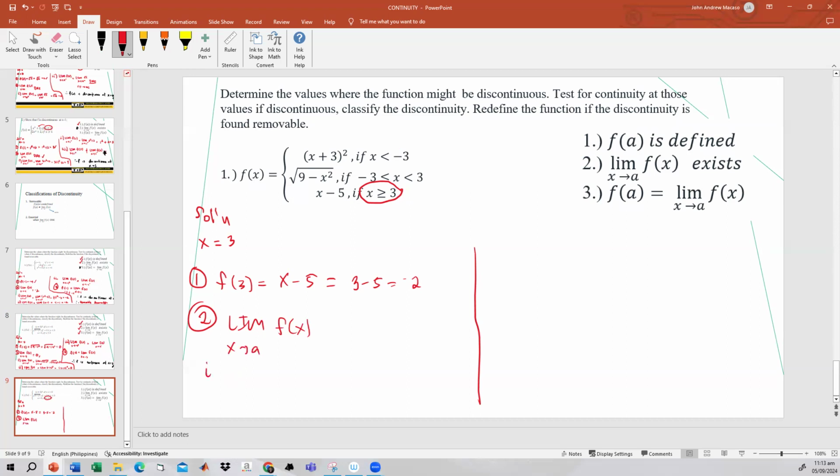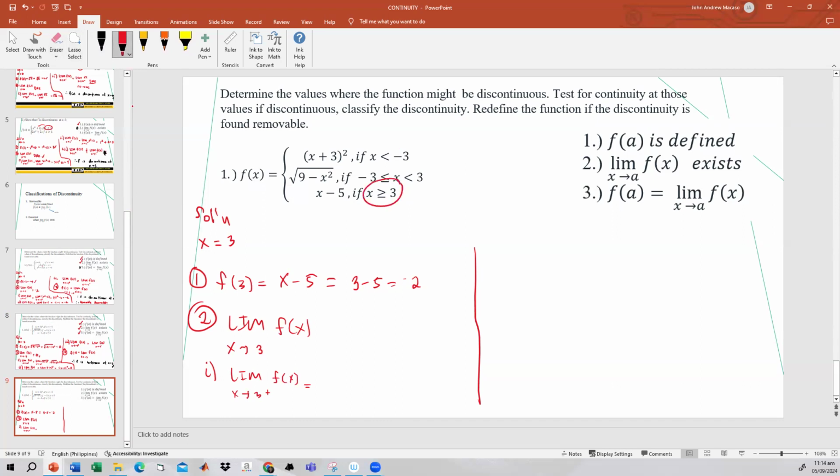Next, we need to check now the limit of f of x as x approaches a. To check if this exists, you need to find the right side limit. So the limit of f of x as x approaches 3 from the right, of course you need to consider the inequality that gives x is greater than 3.